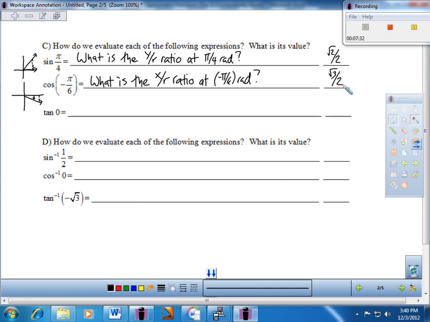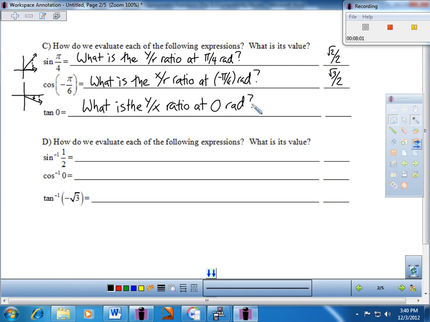Last one, everybody, on this set at least. If I'm asking for the tangent of 0, here's what I would ask myself. What is the y over x ratio? So tangent is one of the 6, and it would be the ratio of y to x for any angle at 0 radians. So that's what I would ask myself.